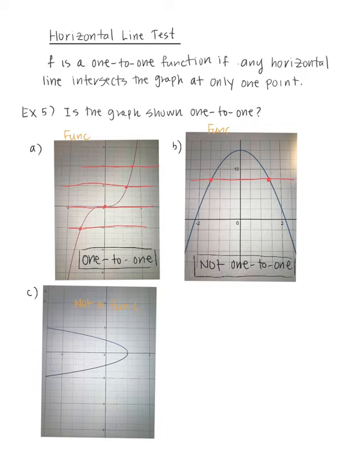All right, now let's talk about part C. Since we discovered that it fails the vertical line test, that tells us that this is not a function. So if it's not a function, then there is no way that it could be a one-to-one function because it's not a function to begin with. So we cannot even talk about one-to-oneness.